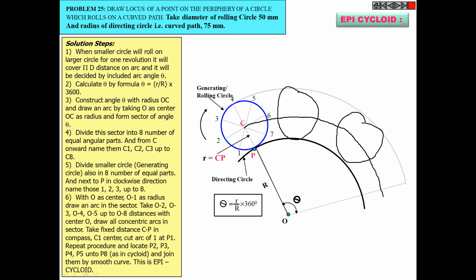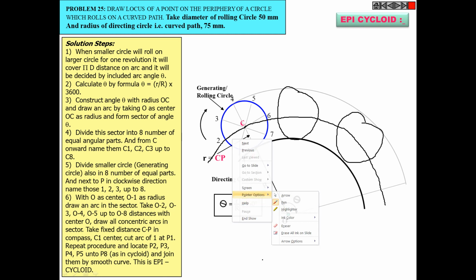And this curved line is your central line, the central line of your rolling circle after each and every interval of time when the circle has rotated by some angle. Am I clear? Yes, sir. Okay. So just construct this arc line.